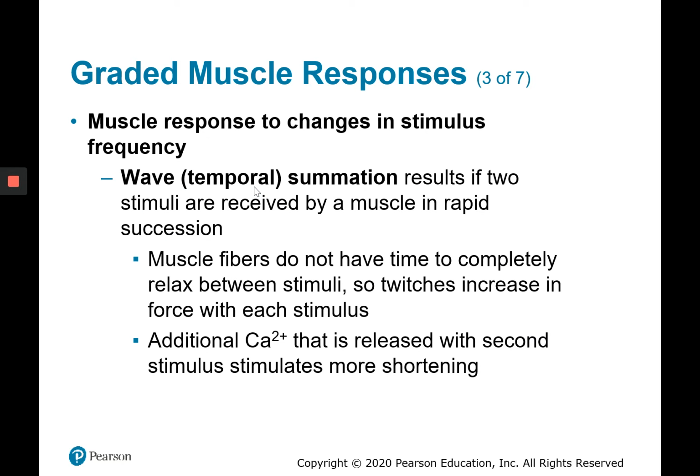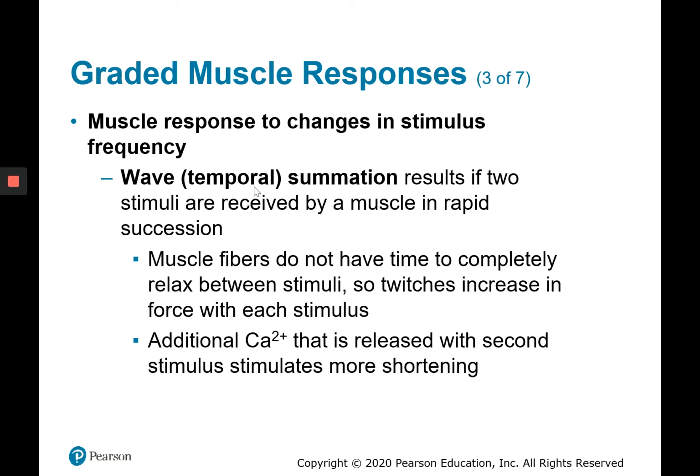So wave or temporal summation would occur if you had consecutive stimuli applied during the relaxation period. If it was applied during the relaxation period of each preceding muscle contraction, then you would start to see that each subsequent contraction builds upon that previous contraction so much that it's going to increase tension before the relaxation period ends.